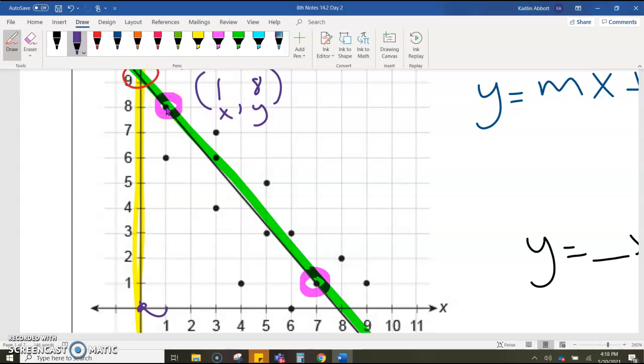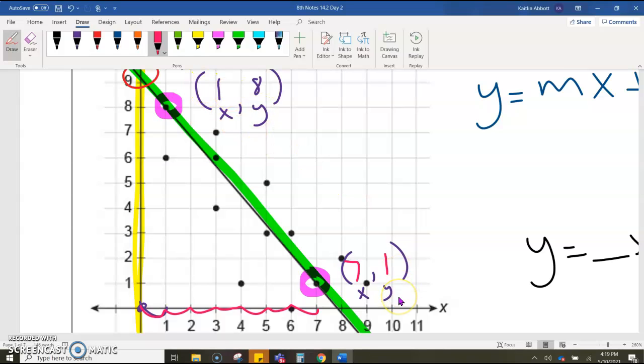Now I'll take the other one. I need the x and then the y. My x for this one is 1, 2, 3, 4, 5, 6, 7. It's lined up with 7, and I go up 1. So my y is 1.